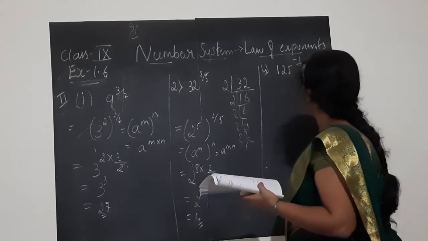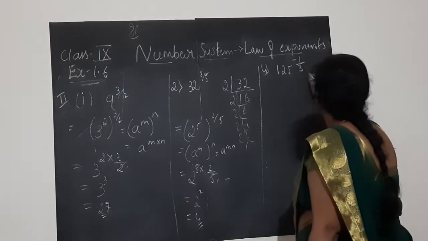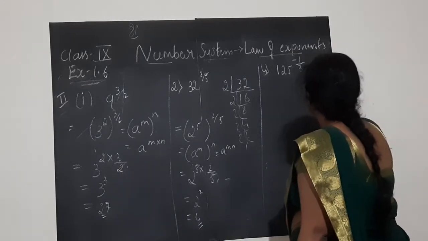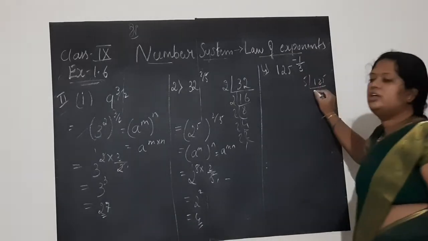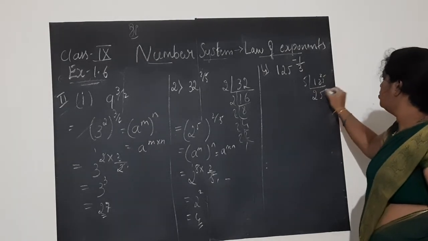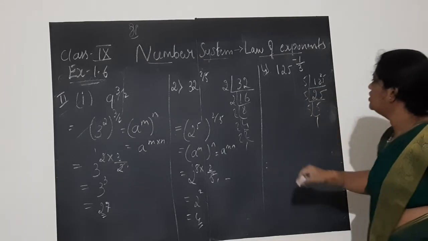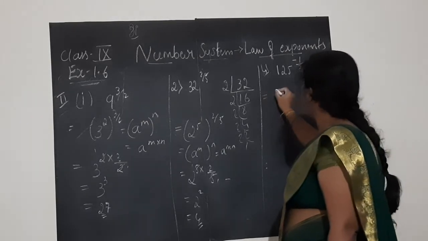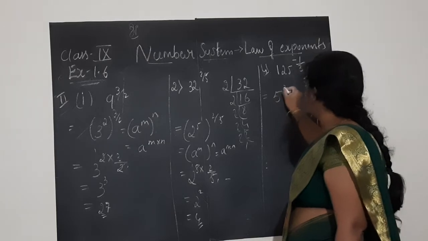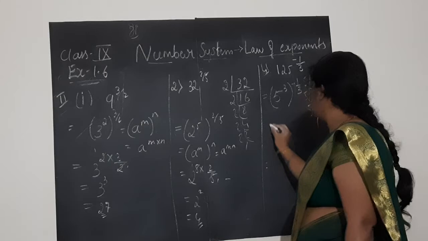I will solve the fourth question, which is having a negative power. 125 to the power minus 1 by 3 is there. Now 125, it is 5 cube, no children, but I will show you once. 5 2s are 10, remainder 2, 5 5s are 25, again 5 5s are 25, 5 1s are 5. So I can write 125 as 5 to the power 3 whole to the power minus 1 by 3.